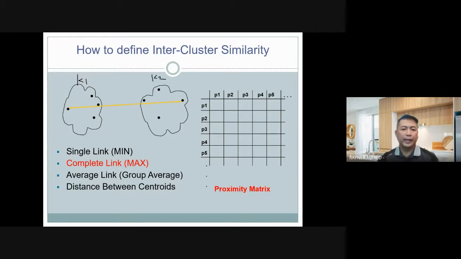Okay, so the average link will be the average distance for all the members that we have in these two clusters. And the distance between the centroids will be this. So how do we find the centroid here? So basically we are taking the average of all these values. So we add up all these values and divide by 4. Then we get the centroid here.